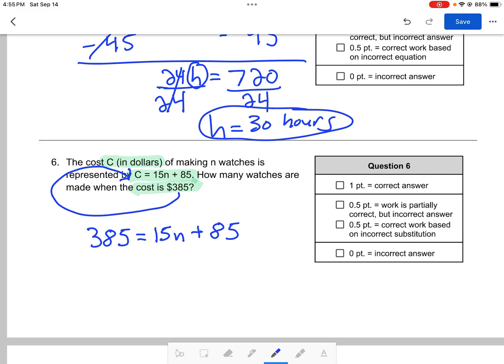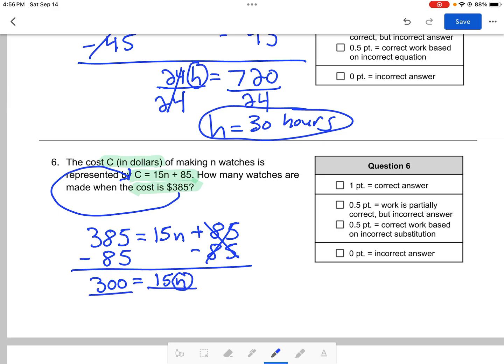Now I just solve it like a normal equation. I need to get this 15N by itself, so I'm going to do the opposite of addition here to get rid of this 85. I'm going to subtract. These cancel. 385 minus 85 is 300. And I bring down my 15N. Now remember, the 15 and the n are being multiplied, so I need to do the opposite to undo it.